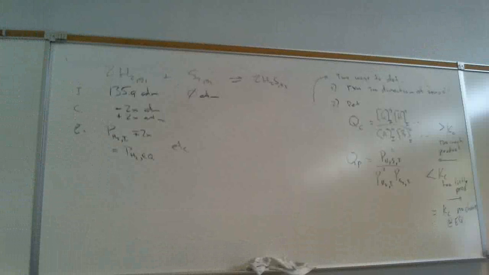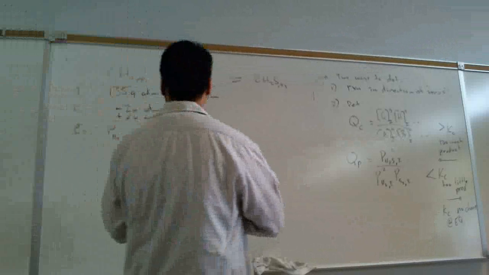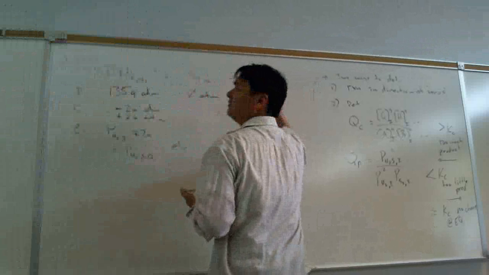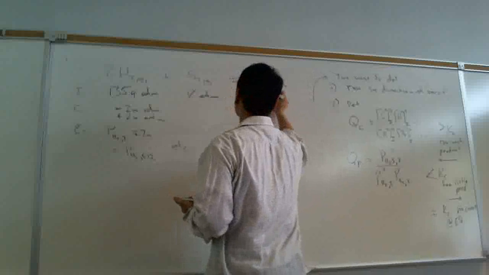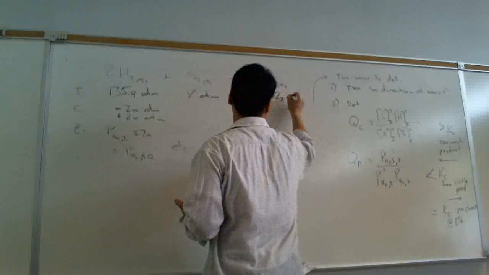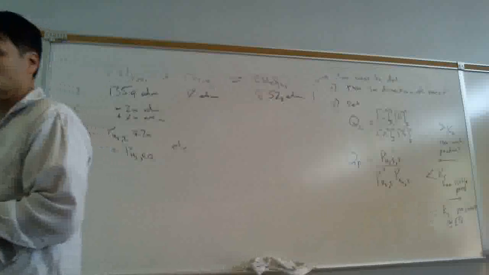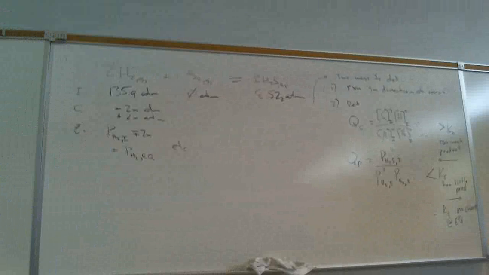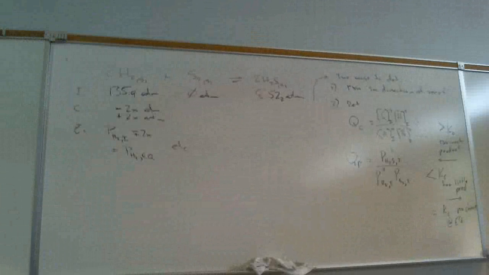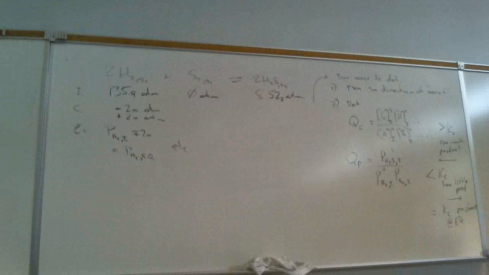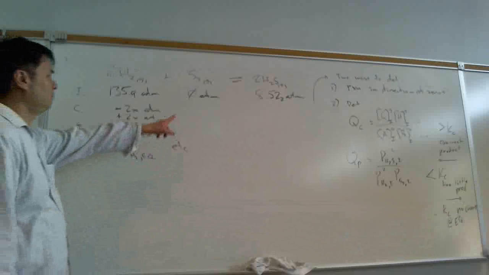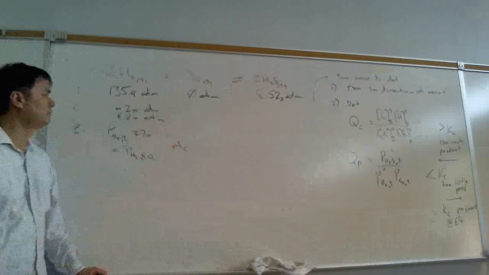And so I get 8.522. Actually, I'm only allowed 3 sig figs, so 8.52 sub 2 atmospheres. I carry 1 extra digit to avoid rounding off error, and just do that consistently.